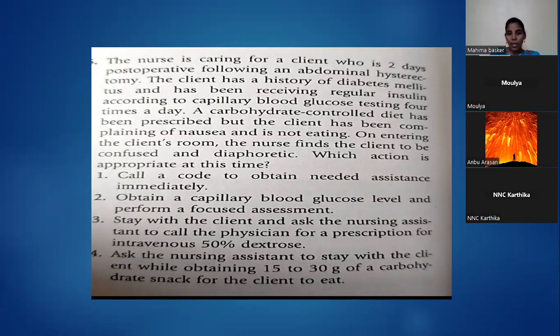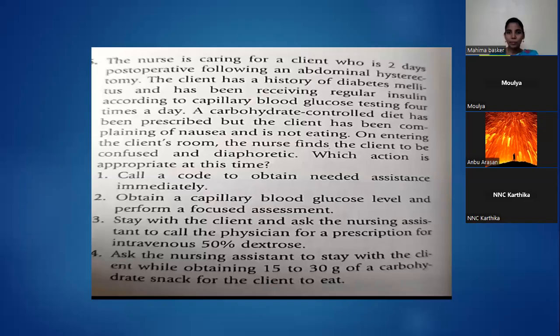Second one, obtain the capillary blood glucose level and perform a focused assessment. Third one, stay with the client and ask the nursing assistant to call the physician for the prescription for intravenous 50% dextrose. Fourth one, ask the nursing assistant to stay with the client while obtaining 15 to 30 gram of carbohydrate snacks.